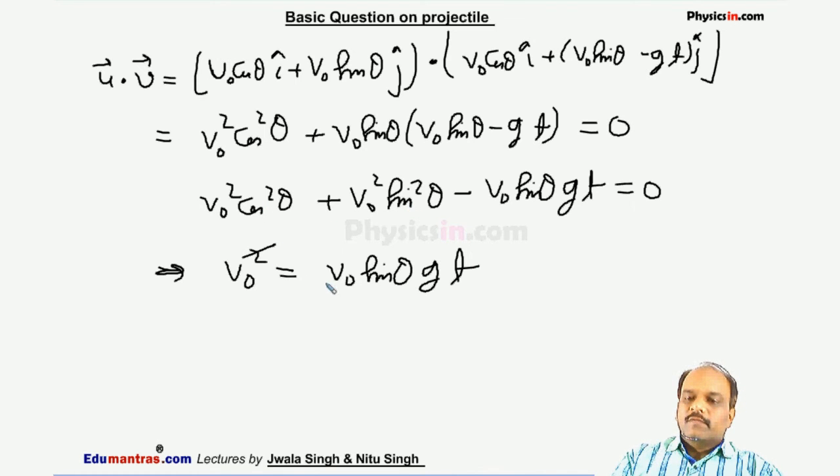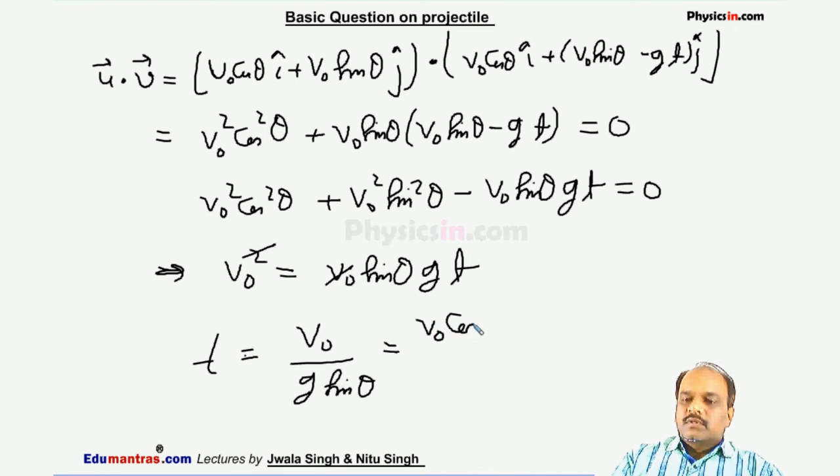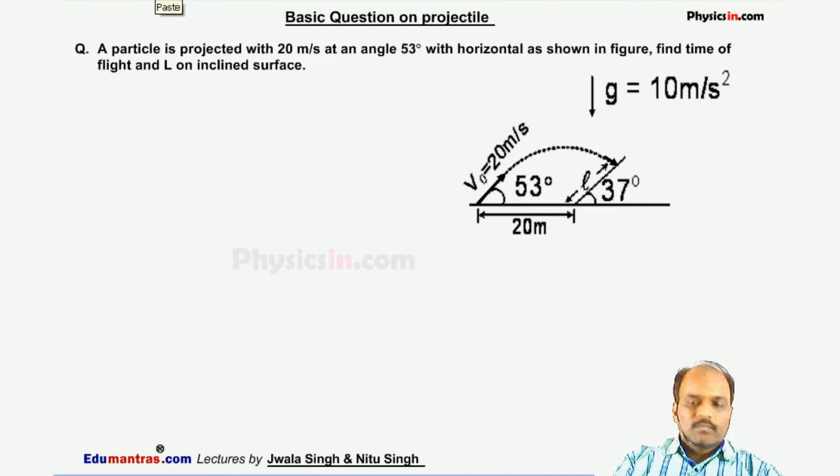So v naught will vanish. We get time as v naught by g sin theta, which can also be written as v naught cosec theta divided by g. This is the answer.